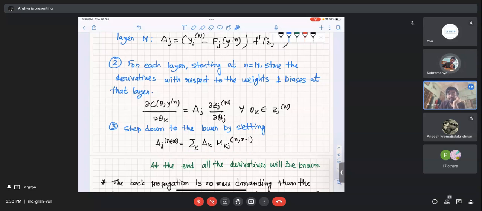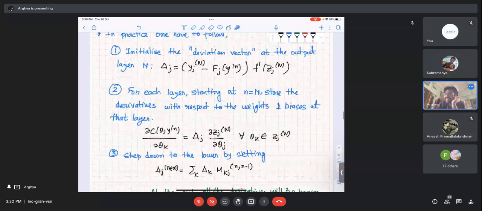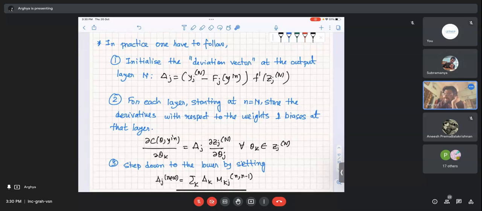But Argo, I'm still confused actually. Whenever you evaluate the function, it is with respect to z, right? Whenever you have a function, the argument is z, right? F of z, yes. Why do you have fj of y now? Oh, this is just y in, the input.